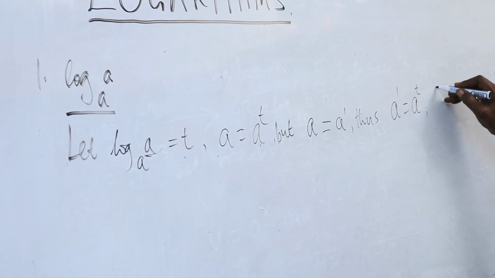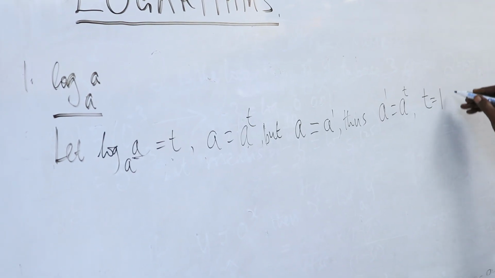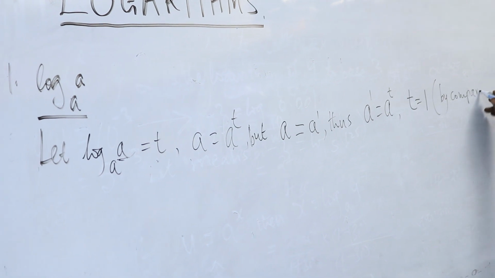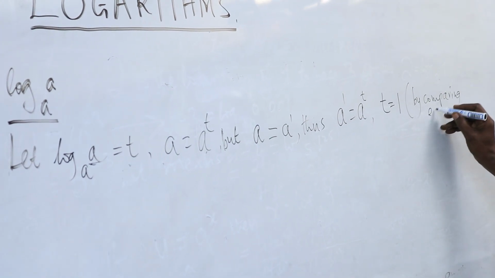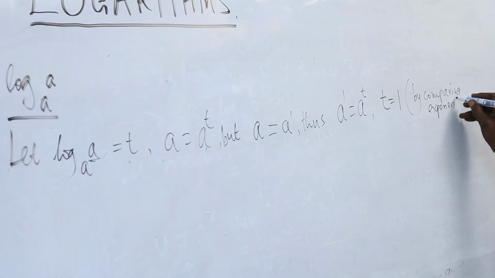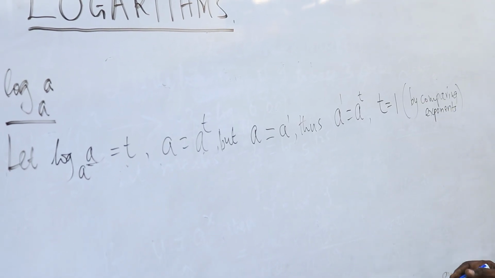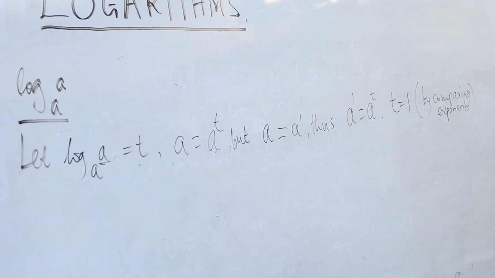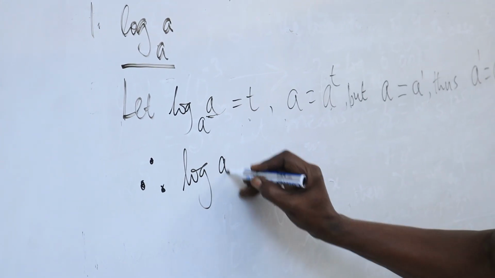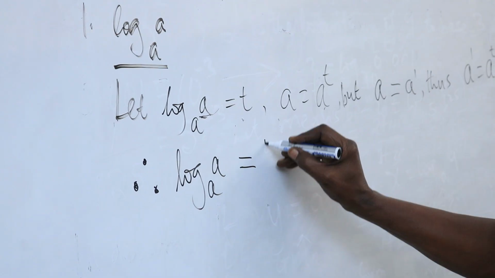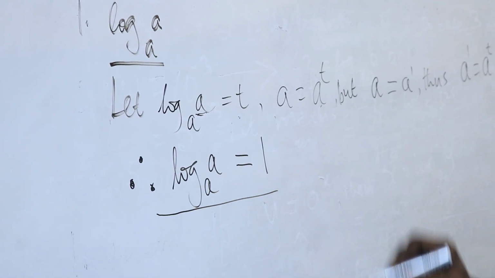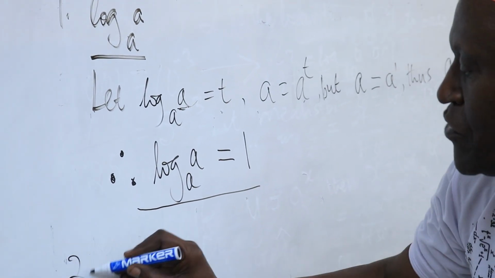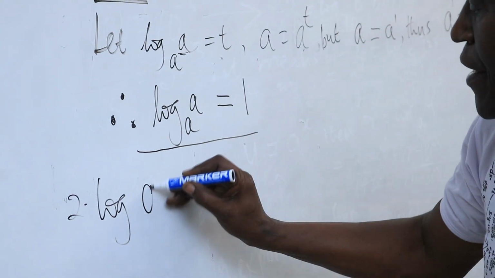Meaning that t is equal to 1 by comparing exponents, from the fact that in this exponential equation here, the base is common. Log A base A is equal to 1. This is one important behavior of logarithms.